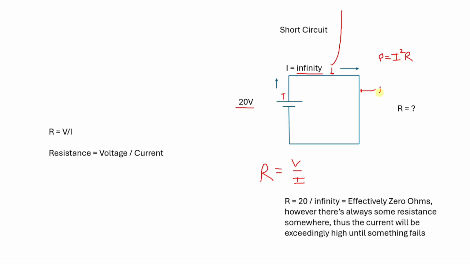So even though the resistance of this wire is very small, let's say 0.0001 ohms, this current is going to go so high, and in the equation for power it's squared, so it's going to run exponentially high, and at some point this wire is going to dissipate so much power it's going to burn up. Something's going to burn up. It's going to heat up and open. It just won't be able to handle it.